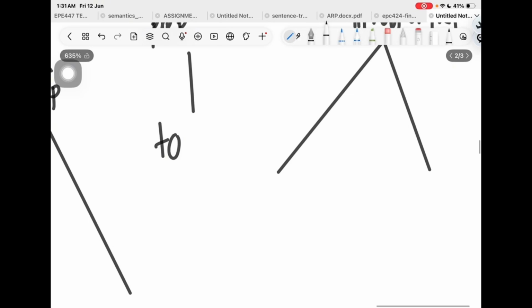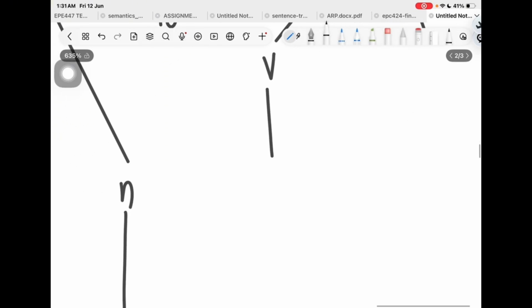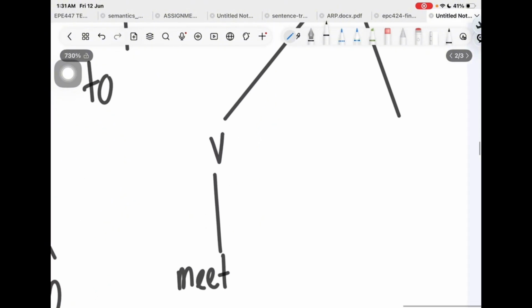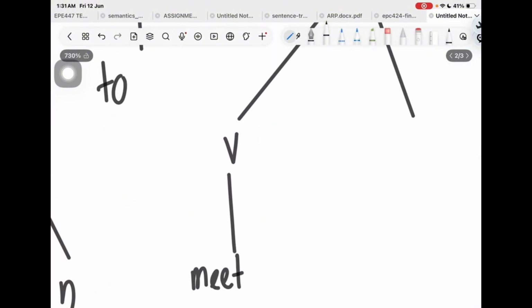The first one is going to be verb, which is for the word meet, and then in here we're going to have noun phrase, direct object.